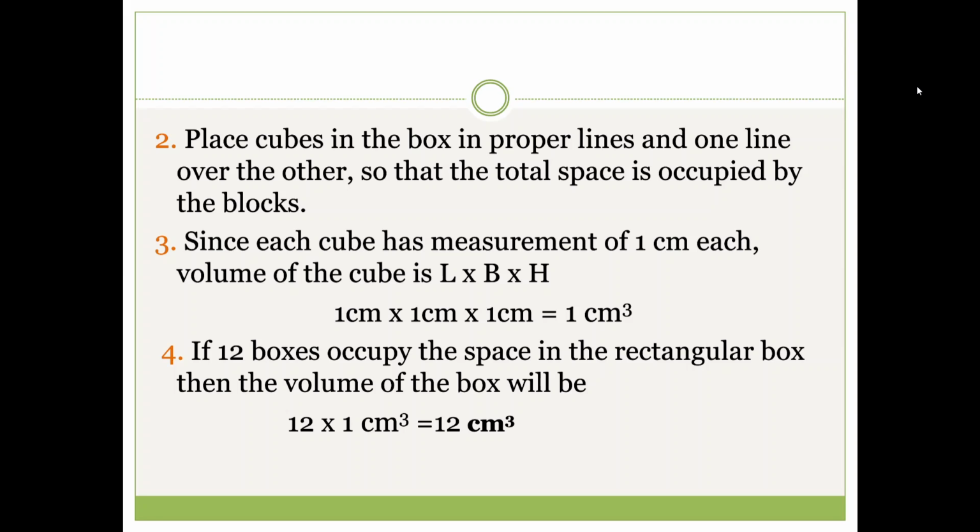Since each cube has a measurement of 1 cm each, the volume of the cube is length into breadth into height, that is 1 into 1 into 1, which gives 1 cm cube. If 12 cubes occupy the space in the rectangular box, then the volume of the box will be 12 into 1, that is 12 centimeter cube.